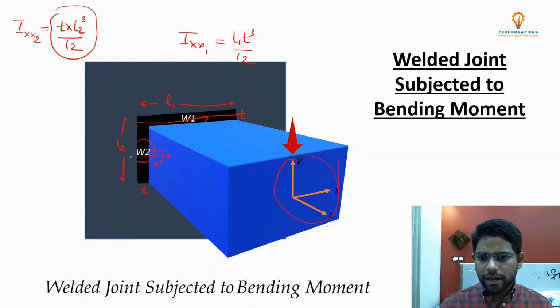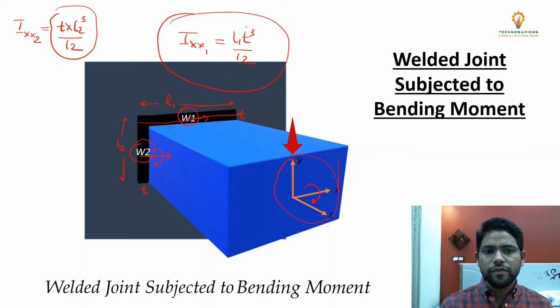For the second weld, the centroidal axis was parallel to the x-axis of our Cartesian coordinate system, whereas in the case of the first weld, this particular value of the second moment of area is about the centroidal axis, but we have to find this value about the x-axis of our Cartesian coordinate system.